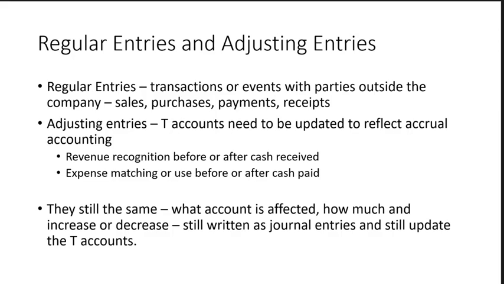So we've been talking mostly about what we refer to as regular entries. These tend to be transactions or events with parties outside the company: when we buy stuff, when we sell stuff, when we make payment, when we receive money. Those are all what we refer to as regular entries. And that is 95% of what happens in a business.